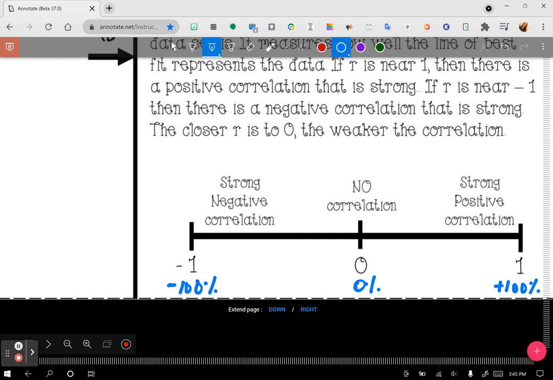It's a stronger grade if it's close to 100%. So a strong negative correlation is going to be over here near the -1, and a strong positive correlation is going to be over here near the +1.